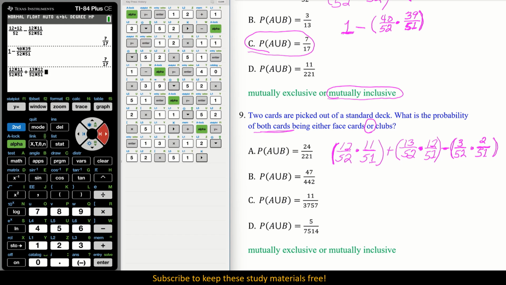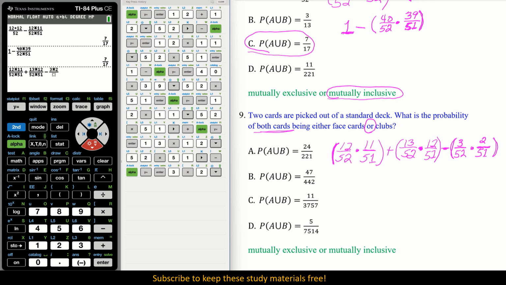Let's make sure I did that correctly. Yes, that looks good. So subtract, and alpha y equals, and so now we have 3 times 2, denominator, arrow down, numerator, same numerator all the way across.